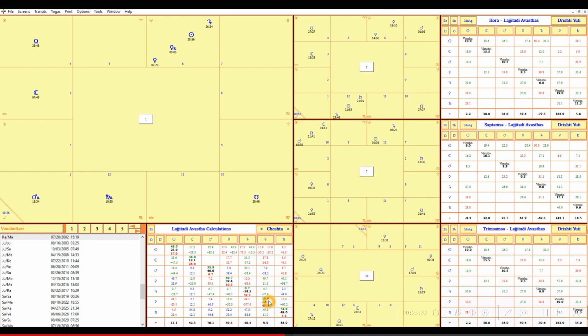Now, if Venus is sick on the Cheshta level, and I want to see the person's chances for recovery, I need to see how much help Venus is getting. And I see that Mercury is giving Venus 49.7 points. That's great. That helps Venus come out of the negatives and come back to 11.5.